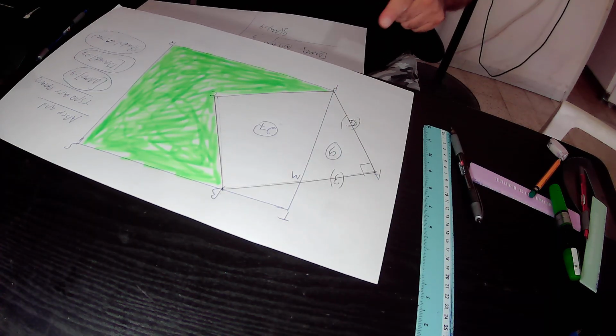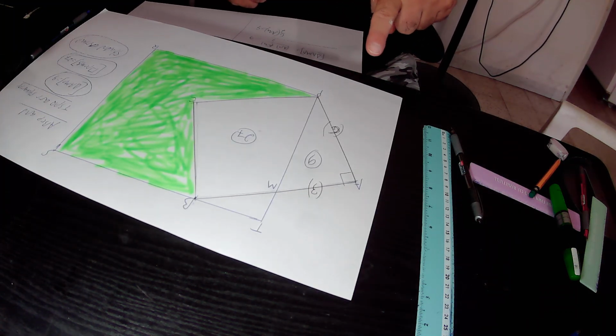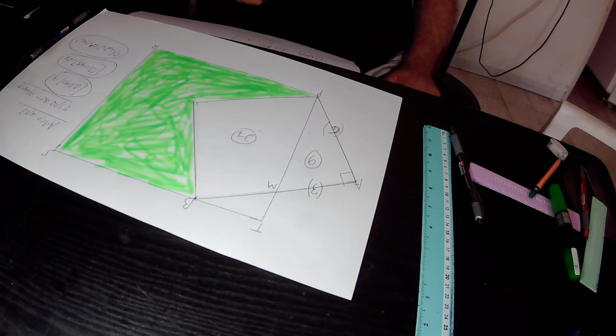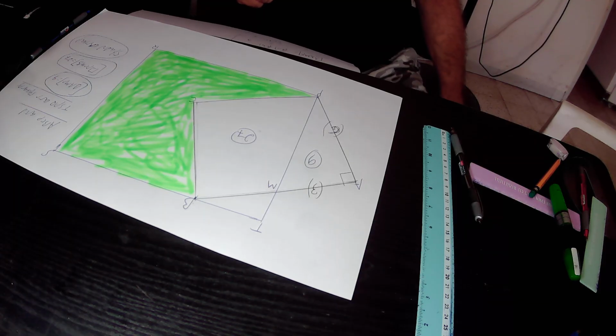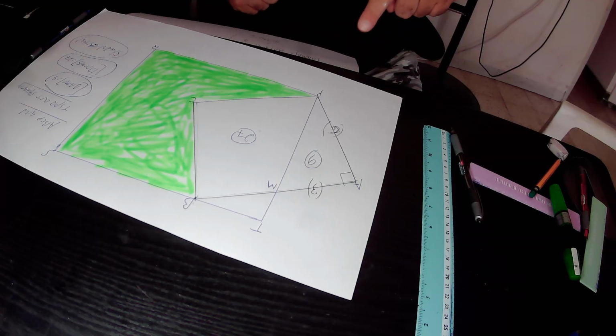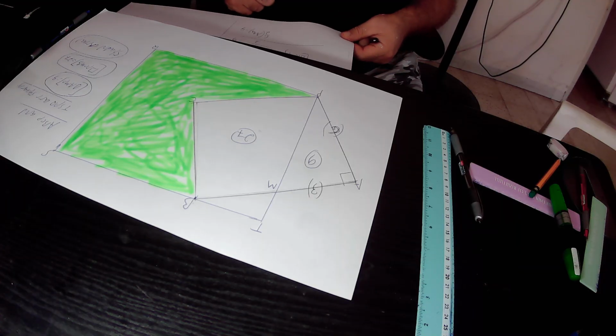Here we will implement the Pythagoras theorem on this right triangle, triangle APM. According to the Pythagoras theorem, in any right triangle, the square of the hypotenuse equals the sum of the squares of the perpendiculars. So I copy the right triangle APM in a new page and we'll implement on this right triangle the Pythagoras theorem.